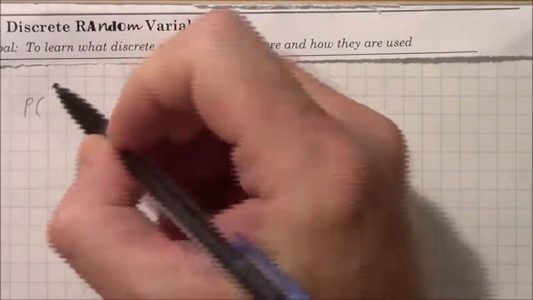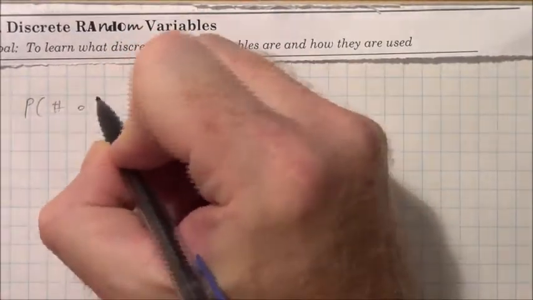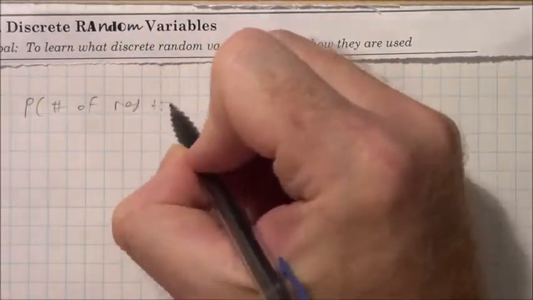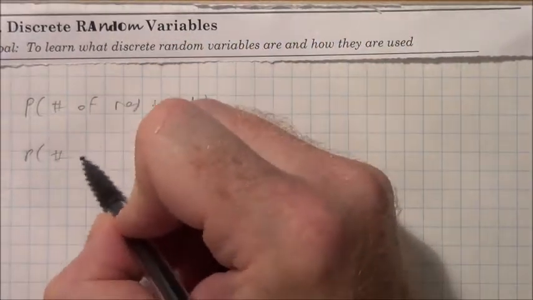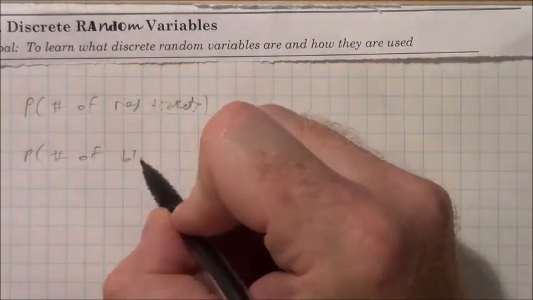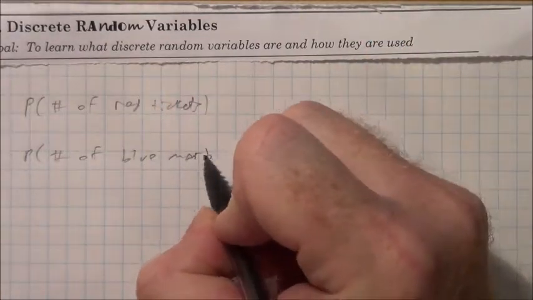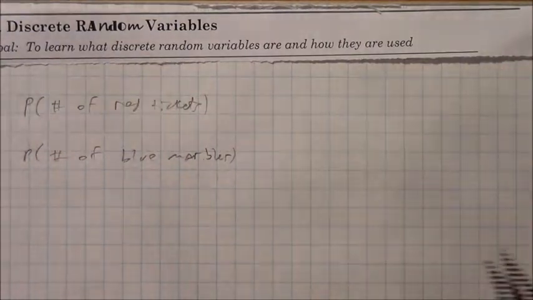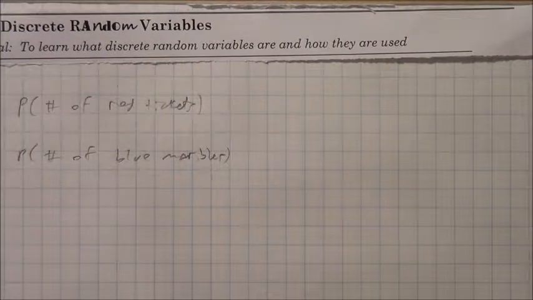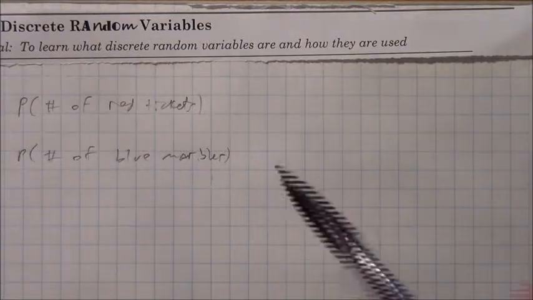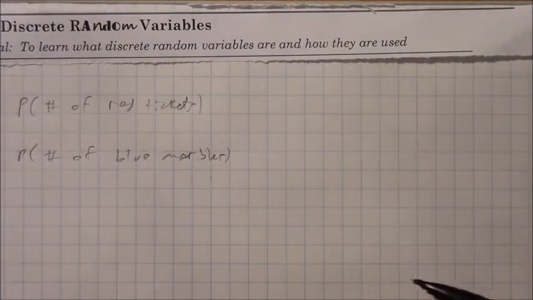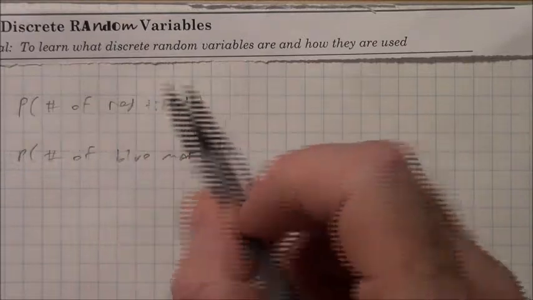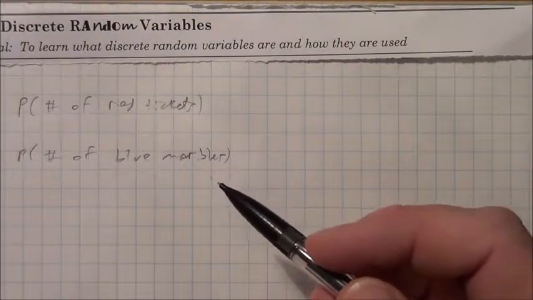We've been looking for the probability of the number of red tickets taken out of a hat, or the probability of the number of blue marbles, etc. So what we want to do now, instead of writing out all these words, is take the idea and just set some variable to it.